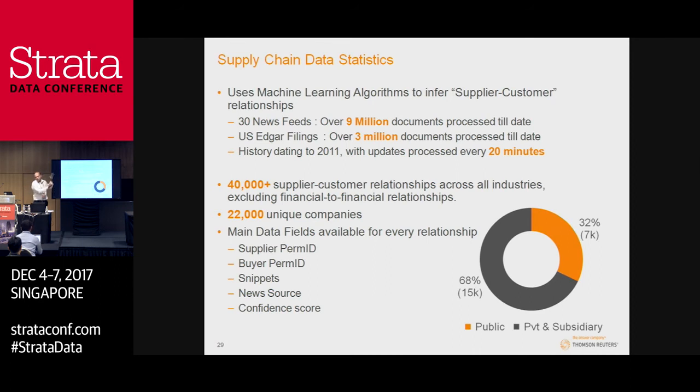We have the scale. So this data set has allowed us to actually show whether there's a value in supply chain analytics or not. Just to emphasize, this is a completely machine learning algorithm output, we essentially run this algo on the news.